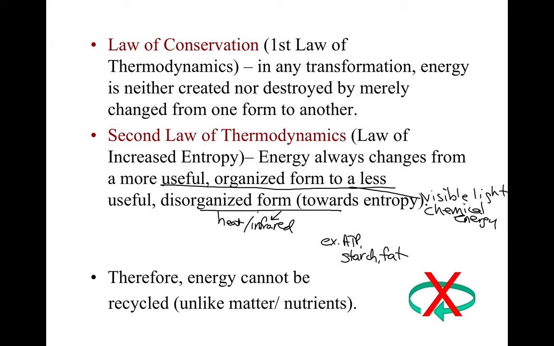So the light is transformed into heat or infrared radiation, and the disorganized form of the ATP, starch, and fat are transformed into, again, heat itself. This is why ecosystems need a constant supply of energy. Energy cannot be recycled, which is different from matter and nutrients.